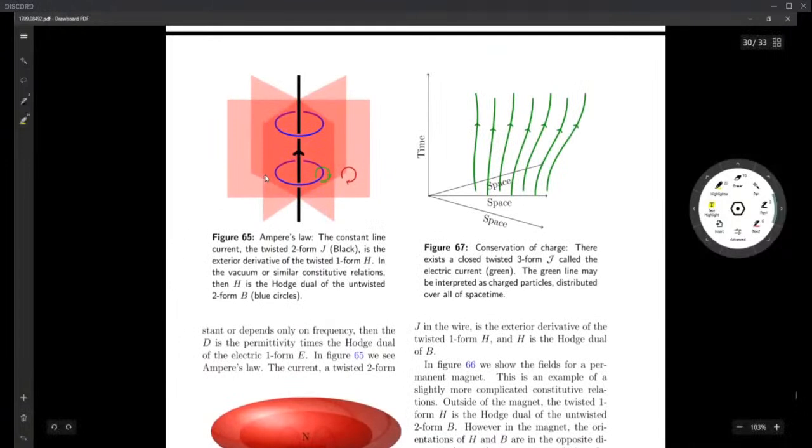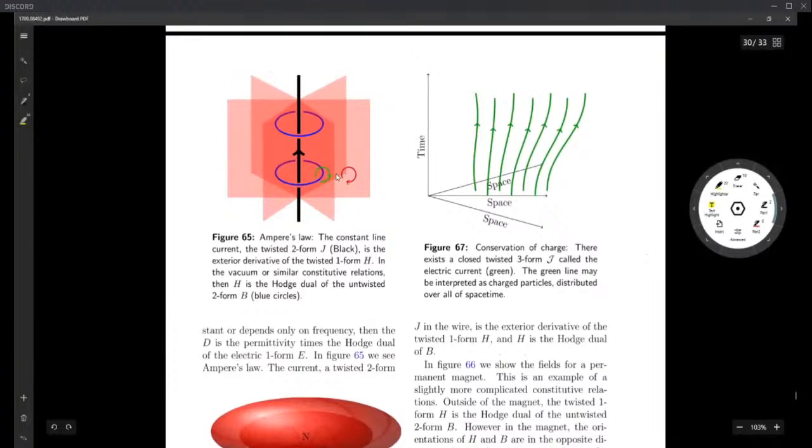You can apply this to Ampere's law, which I think makes it more obvious. So this is my line of constant current, and if I have a constant current, this is a twisted two form J, and you can think of this line to be the derivative of this H form.